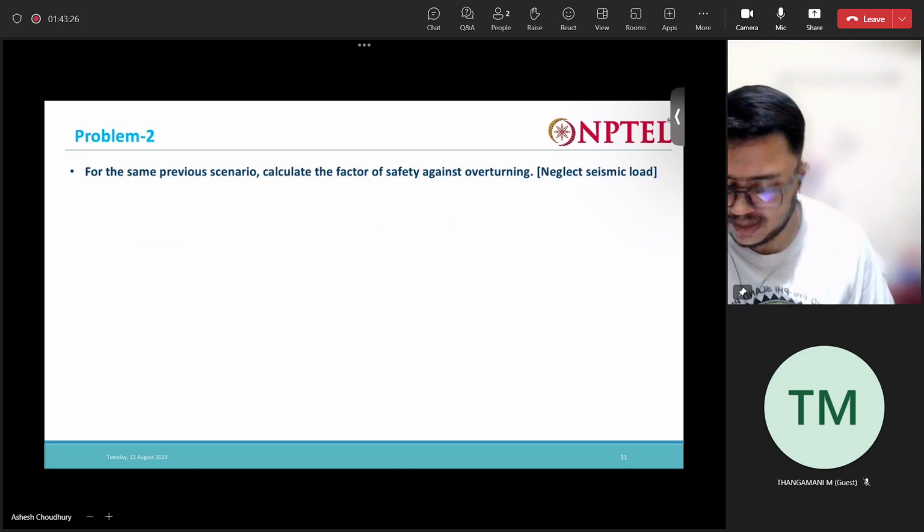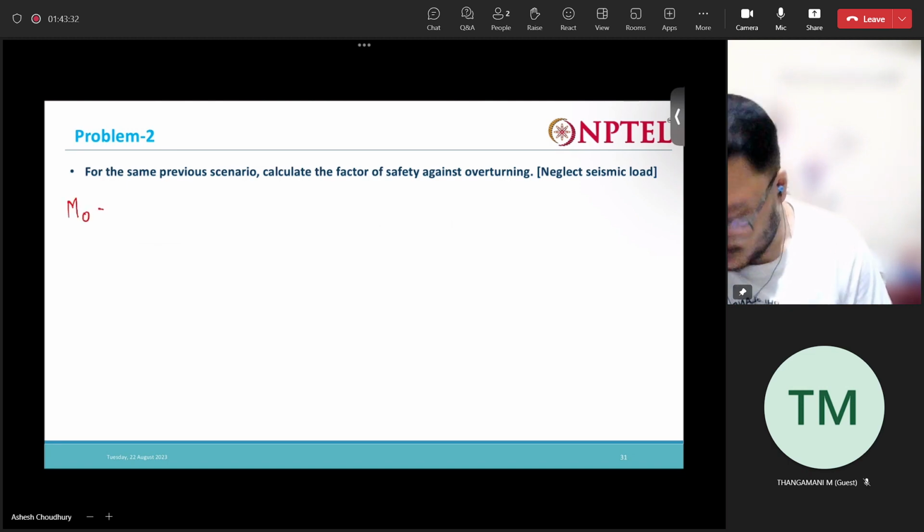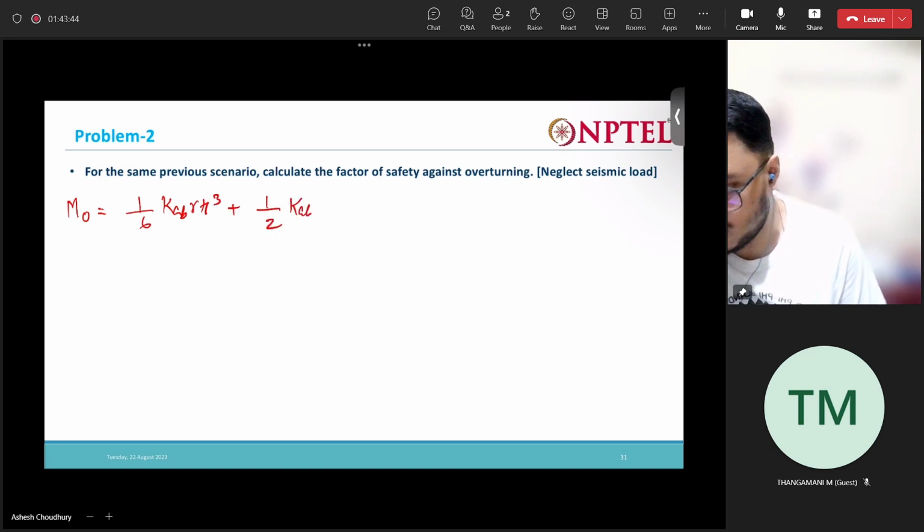For the same previous scenario, calculate the factor of safety against overturning. For that, we determine the overturning moment. This is the overturning moment: 1/6 Ka gamma H cubed, plus Ka q H squared by 2.